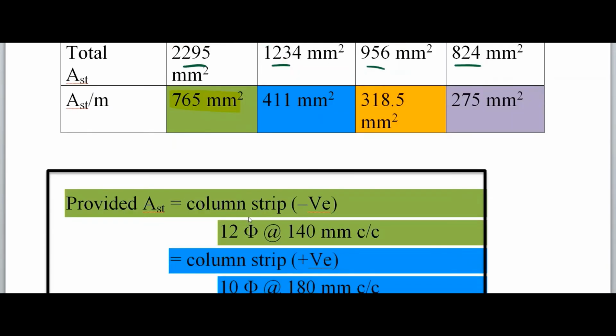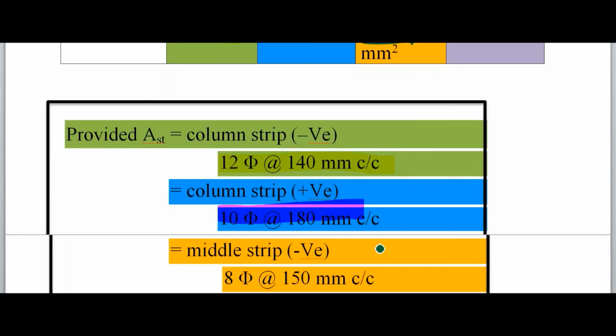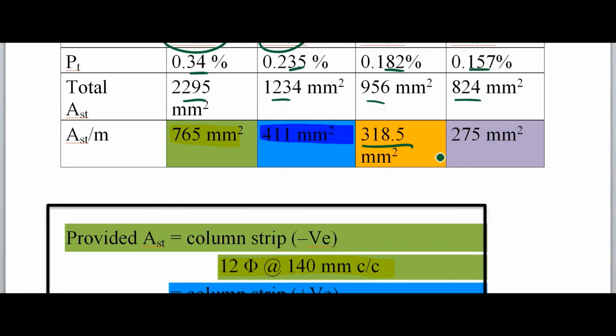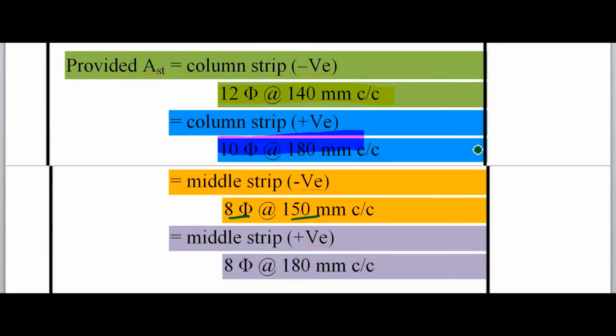So by this Ast we provide 12 mm diameter bar at 140 mm center to center. 410, provide 10 mm diameter bar at 180 mm center to center. 318.5, so in the middle strip we have 8 mm diameter at 150 mm center to center. 275 mm, we provide 8 mm diameter at 180 mm center to center. So our flat slab design is completed.